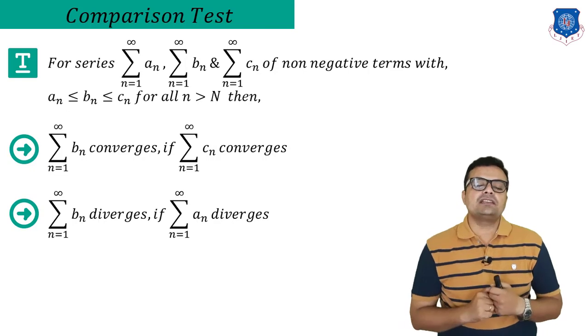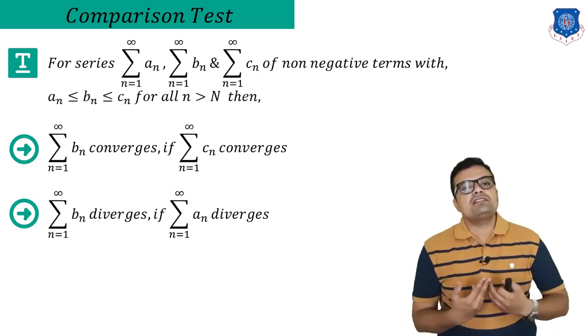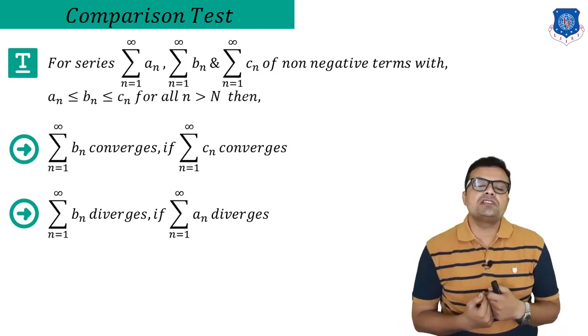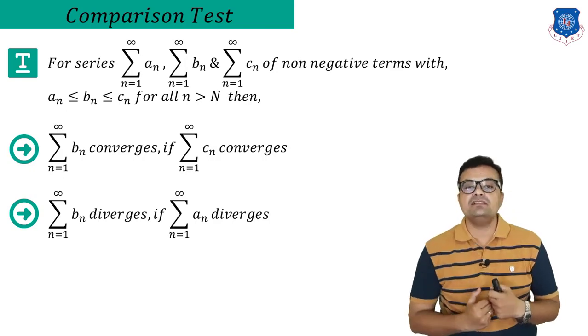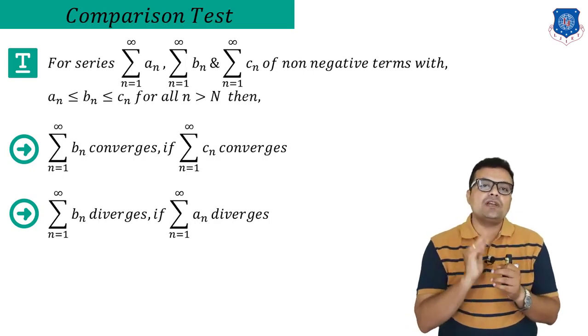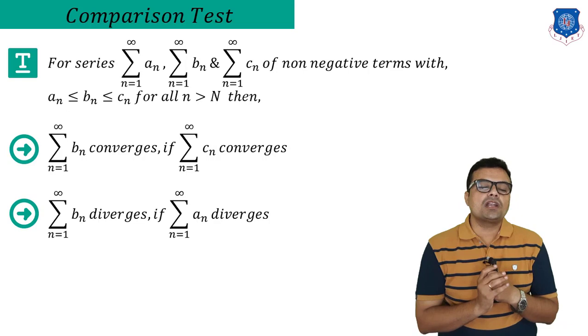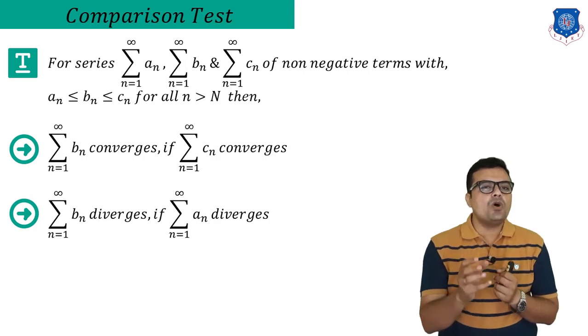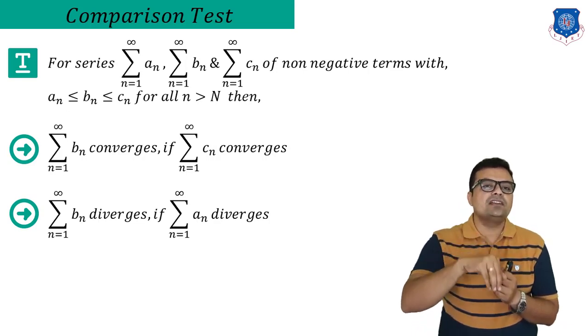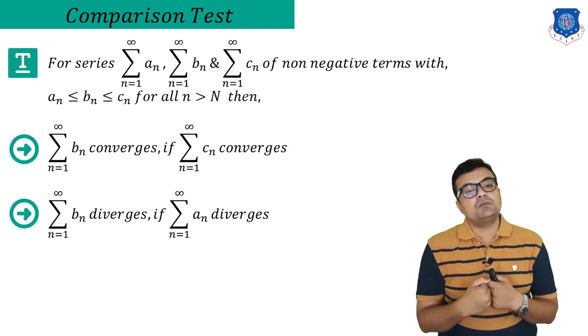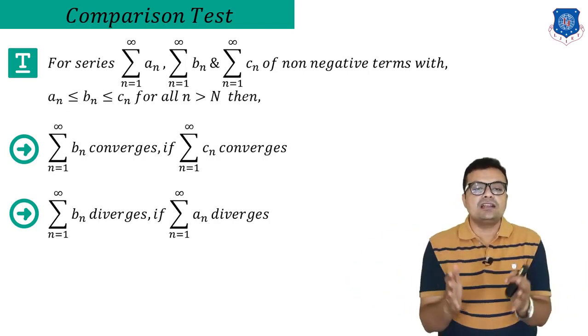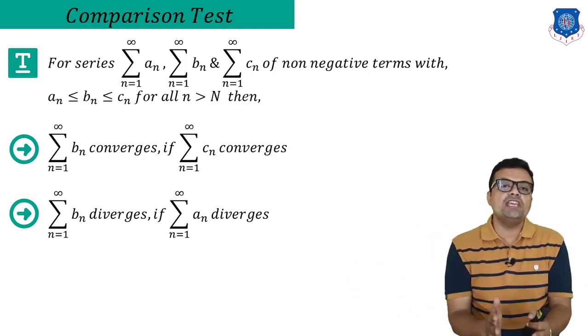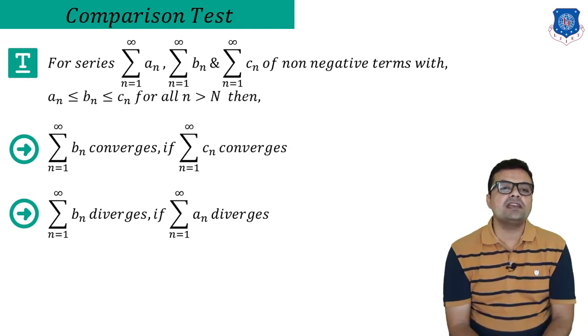Now what will happen in the other case? How do we check whether the given series is divergent using the comparison test? Again I am assuming the same example, but now a box lying at the innermost layer, an, sits inside bn, which sits inside cn.